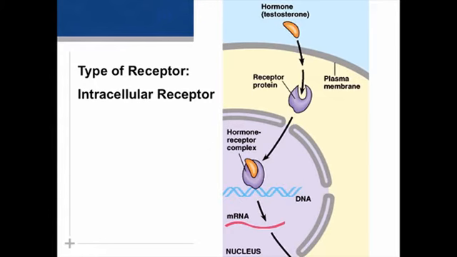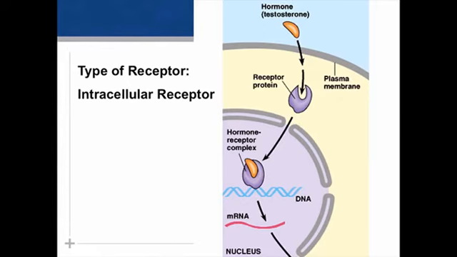Testosterone is a steroid hormone, and that steroid hormone is going to join with its receptor, and then together that forms a hormone receptor complex that interacts with the DNA and ends up resulting in the production of a messenger RNA strand, and then that's going to result in the production of a protein.